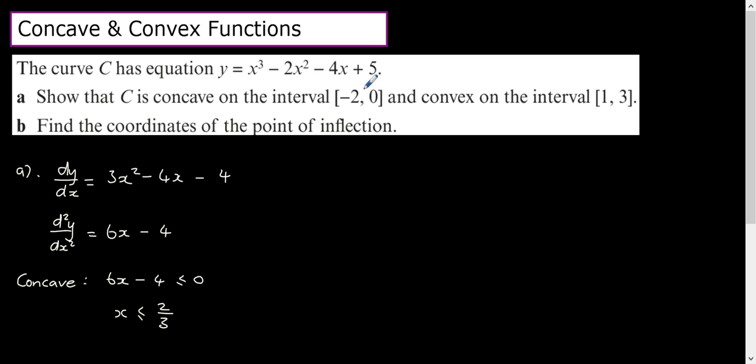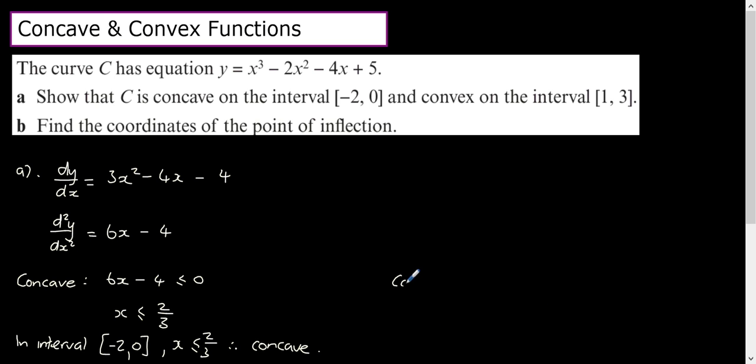Now you can see that in our interval -2 to 0, these are the x values that we're interested in. -2 through to 0, all of them are less than or equal to 2/3. So in the interval -2, 0, x is always less than or equal to 2/3, therefore it is concave.